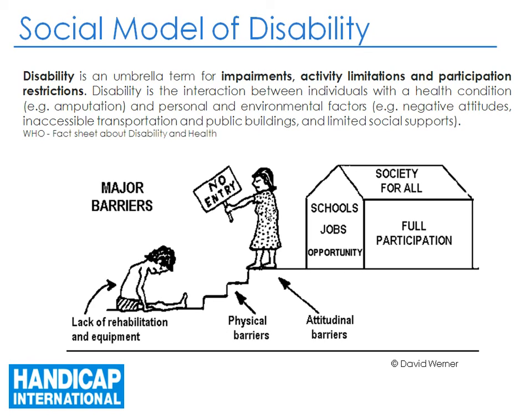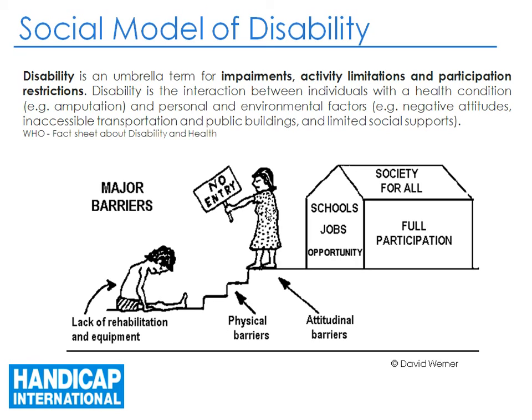First, the physical problem, so in this case, paralysis of the lower limbs, it could be an amputation. Then we have the physical barriers, inaccessibility, so we would have the stairs, we would have the bad roads, we would have a lot of obstacles in the environment that would make it more difficult to access those opportunities. For example, all the stairs in the school would make it difficult for the child to access the school.